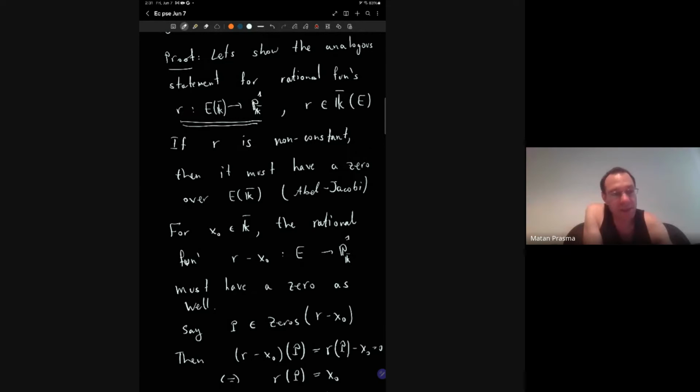Yes. And the numerator of the quotient of polynomials, the polynomial at the top, let's say it's not constant, then it must have a 0, right?